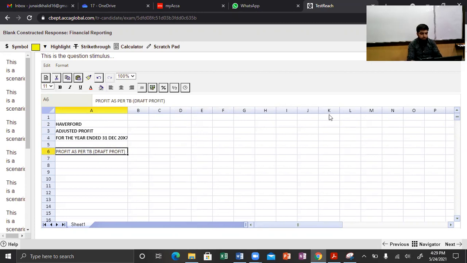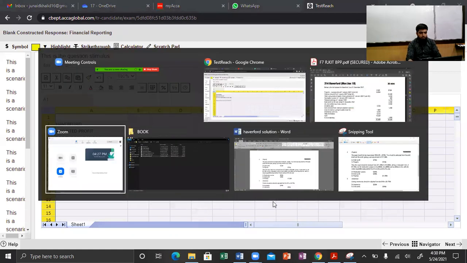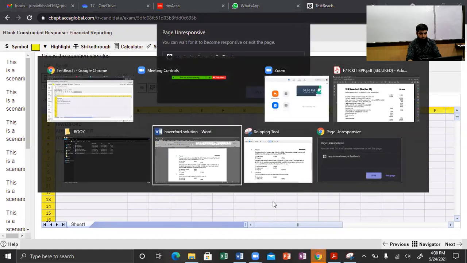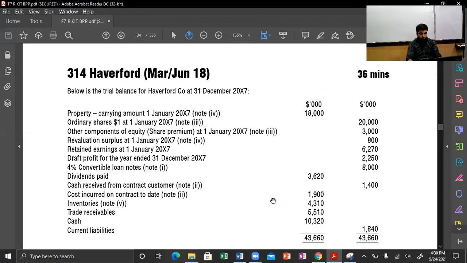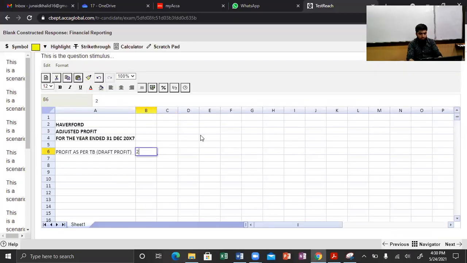So that is the draft profit, and draft profit is 2250. That is the draft profit for the year. Now further adjustments are required.